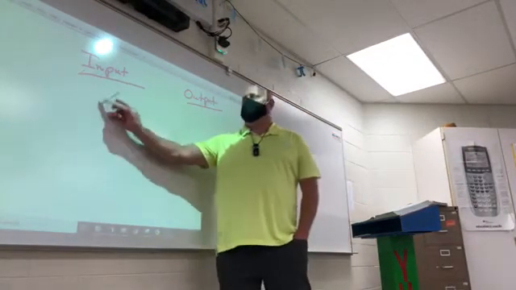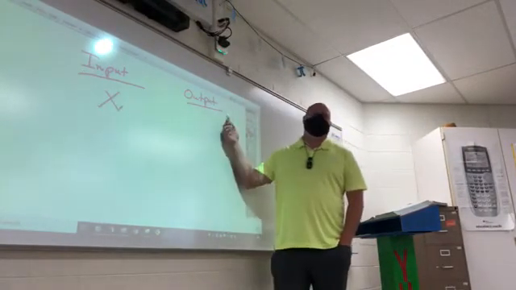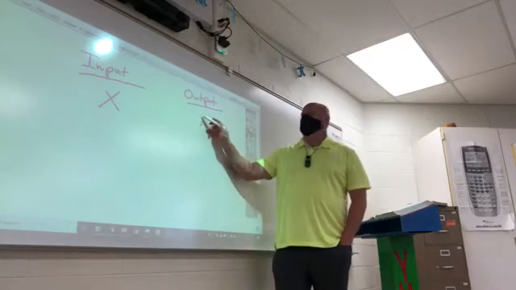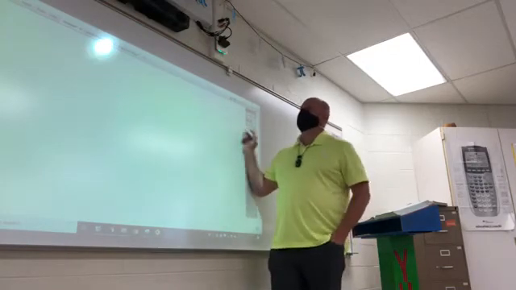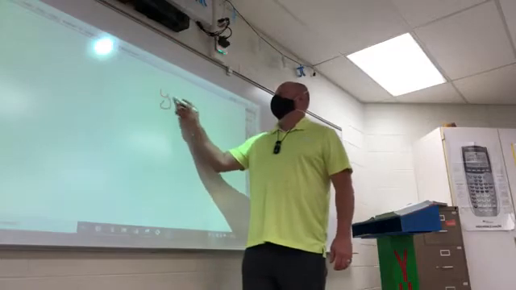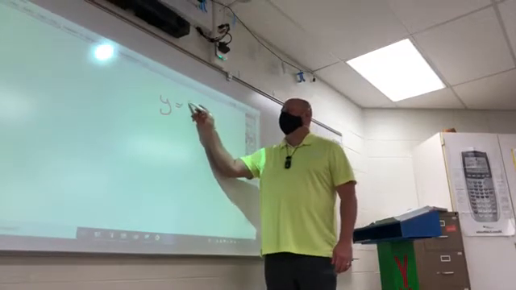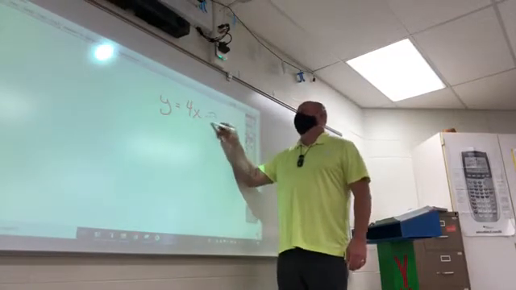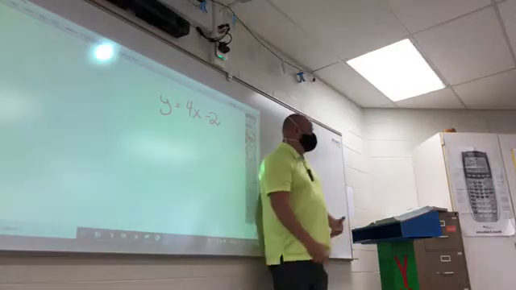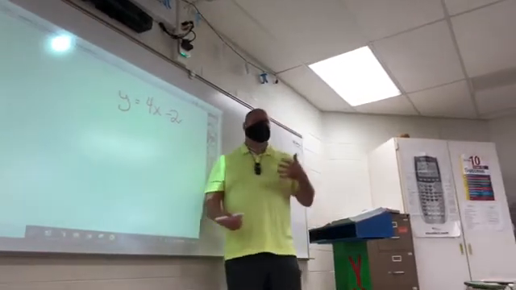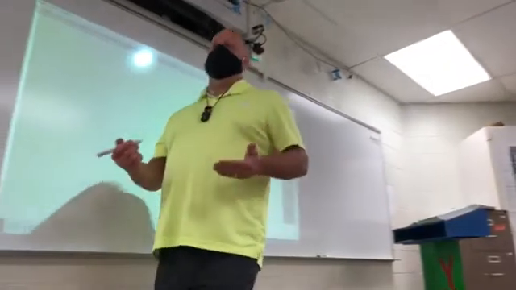X. X is always going to be our input, and then our output is going to be the Y. What that means is basically you're going to have a function like y equals 4x minus 2, okay? And then what we basically have to do is plot some points.